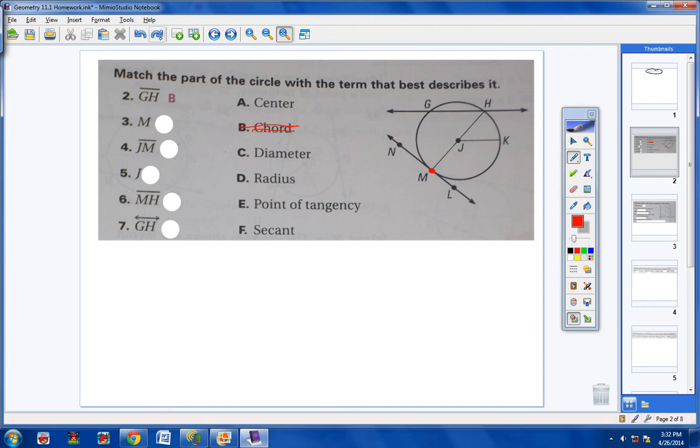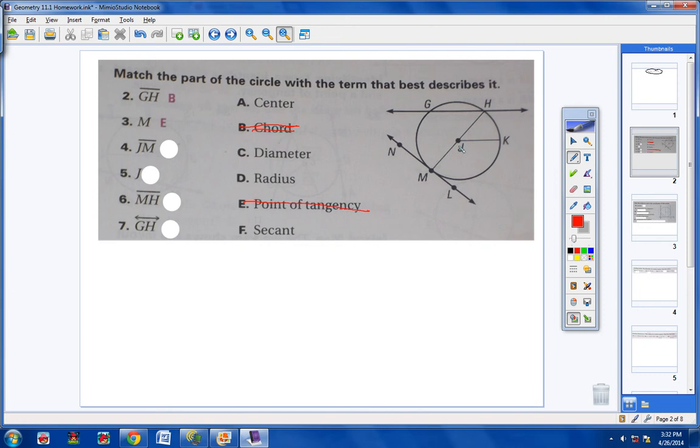Well, remember, this point here is called a point of tangency. Why? Because this line right here, NL, is intersecting the circle in one place. So line NL is tangent to the circle. And so M is what we call a point of tangency, because point M is where the line is tangent. So we call that E our point of tangency.